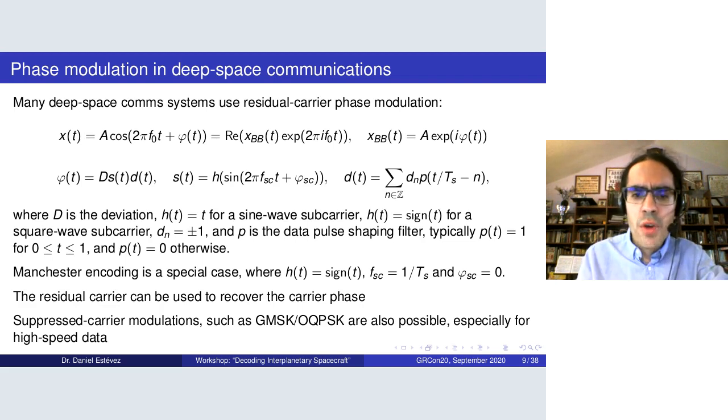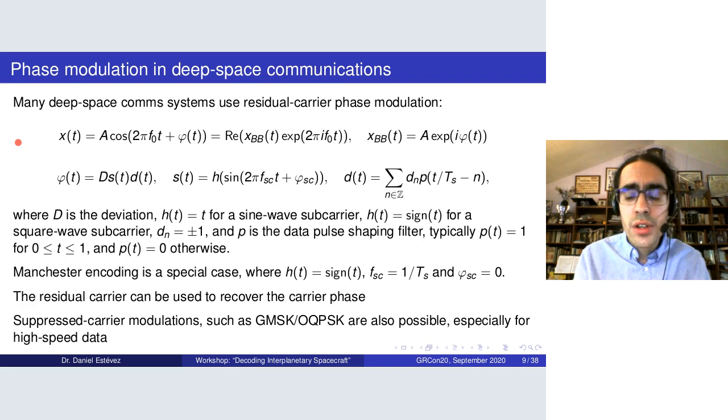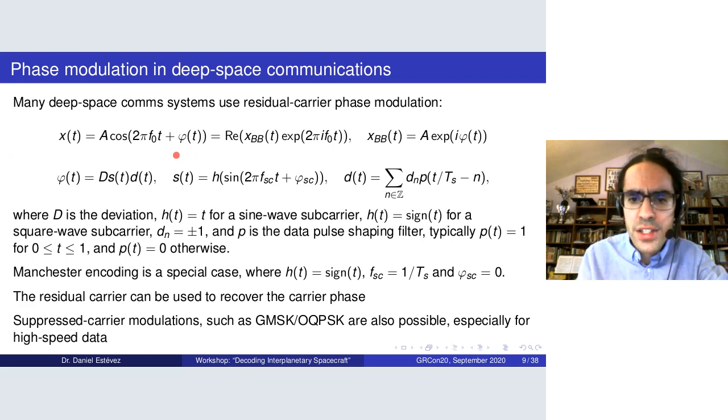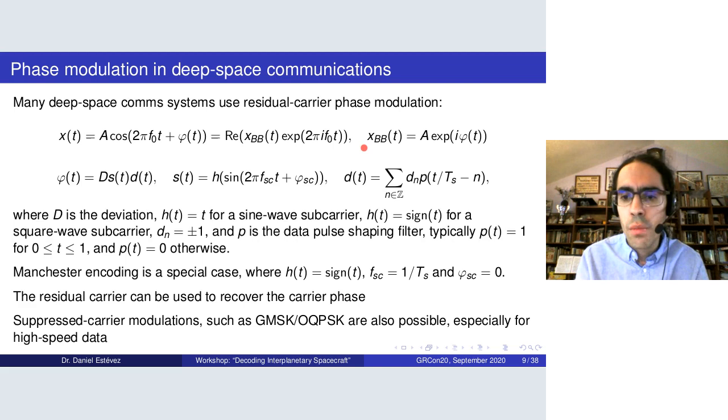This is actually some of the math involved. The thing you need to know here is that deep space communications use residual carrier phase modulation. This means that we move the phase of a signal, and usually we work with IQ signals. This means complex baseband representation. So our signal is an exponential where we move the phase around.